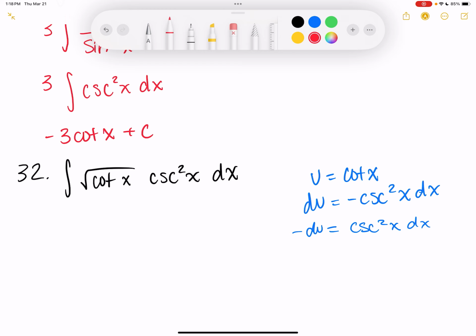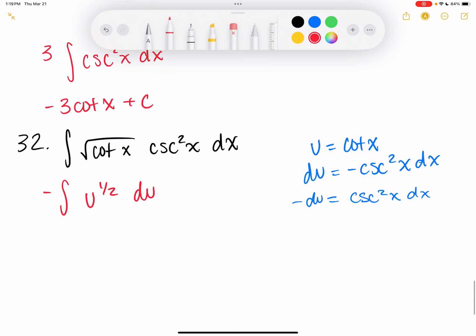So now, when I come over here, I'm going to have negative integral. I'm going to write this cotangent that's in the square root as u to the 1/2, which makes it easier to deal with. Then the cosecant squared of x dx is taken care of with du. So what is the antiderivative of u to the 1/2?